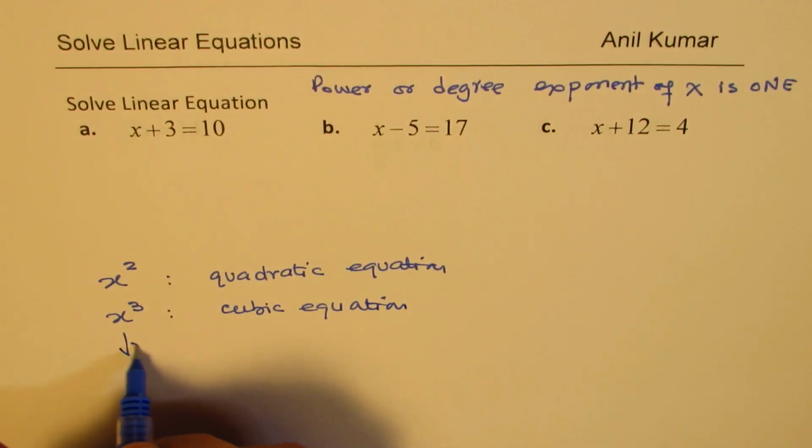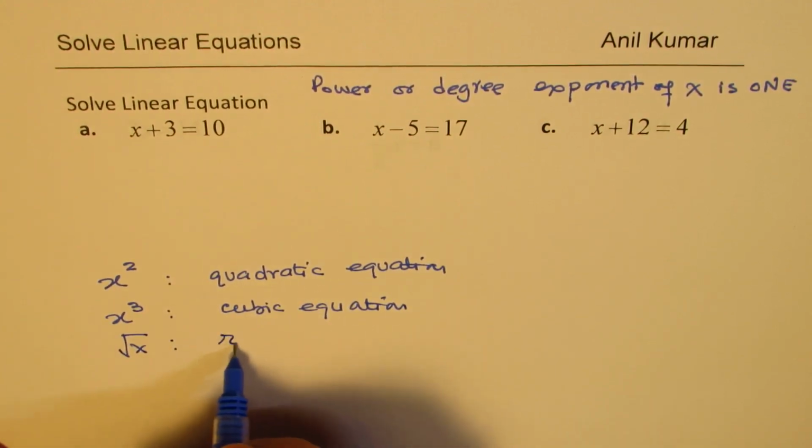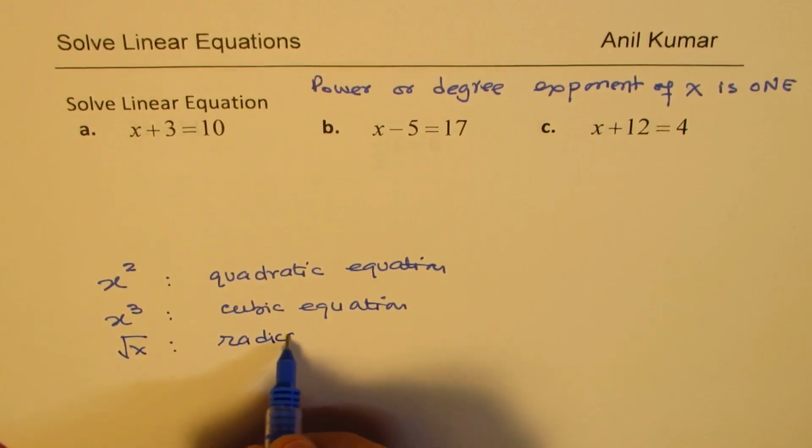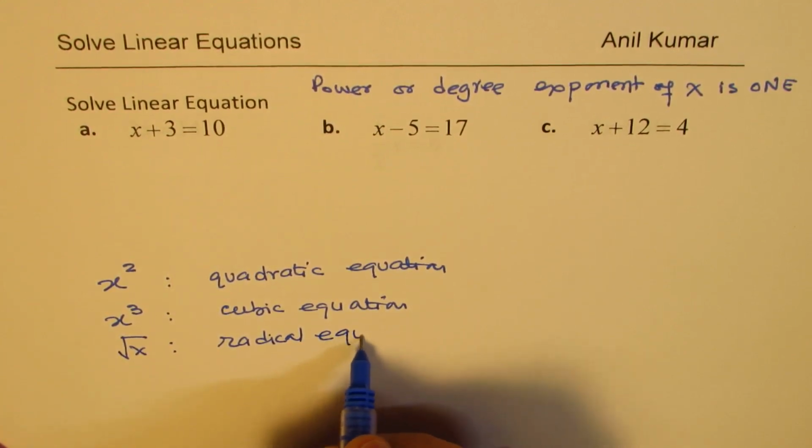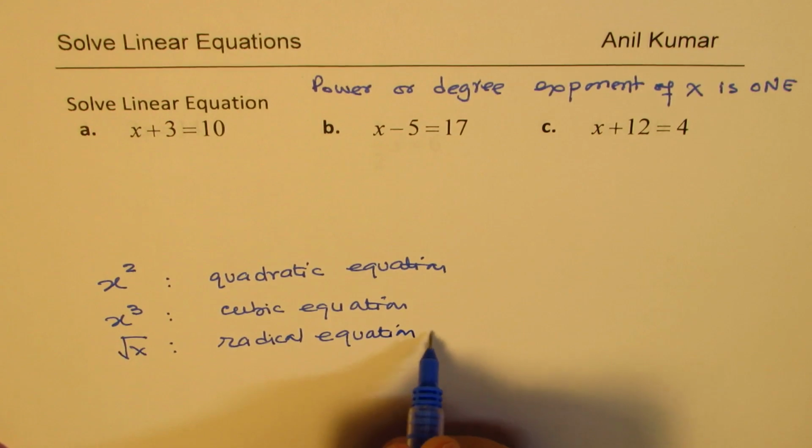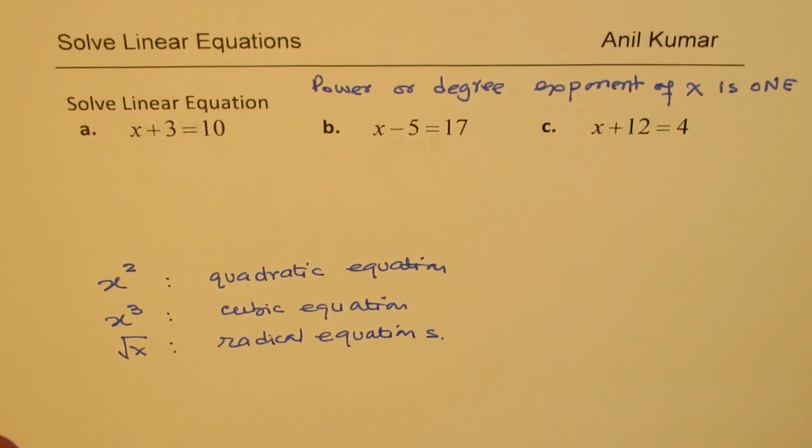Okay, something like this, we'll call them radical equations. Okay, so just to complete the understanding of equations, there could be a variety of equations. When we are just talking about simple equations, there are many other types of equations. Okay, so let's see how to solve a linear equation.